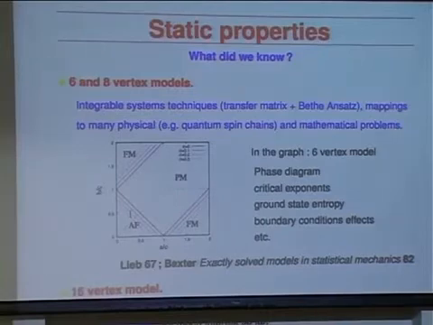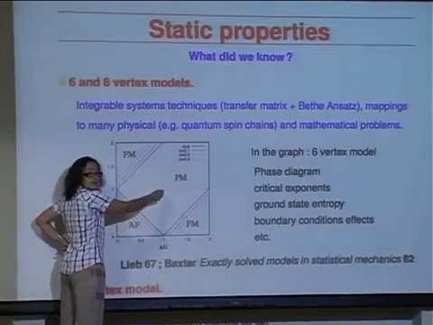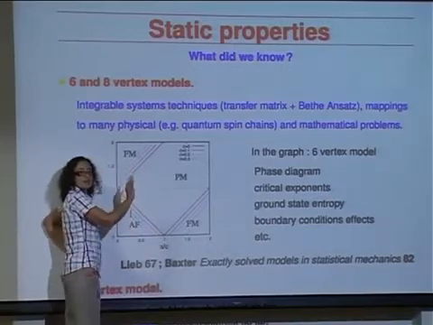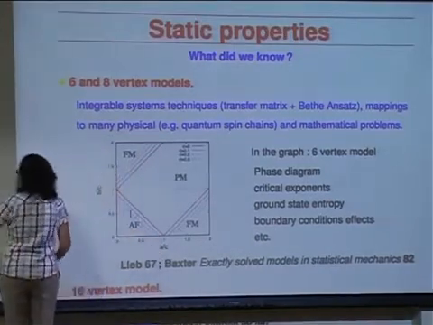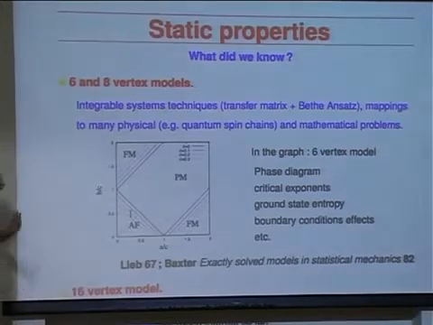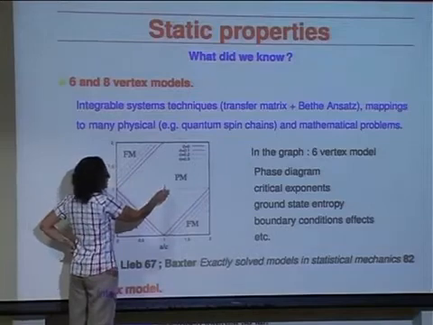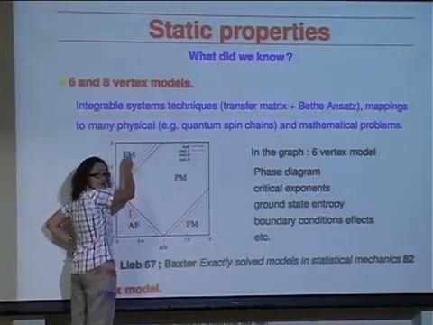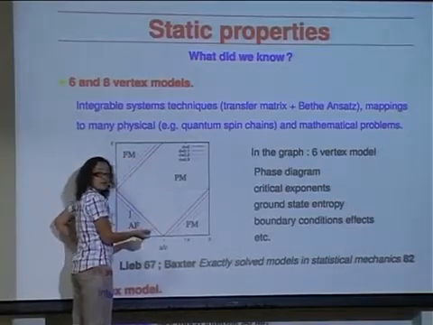Since this phase diagram is very rich, I could imagine preparing my sample here, say, in the disordered phase. These are the parameters that control the statistical weights of the different vertices. Doesn't matter. This is a phase diagram. I can put my system initially in the disordered phase, and I can, in principle, take it to the ferromagnetic phase or to the antiferromagnetic phase and see what happens.